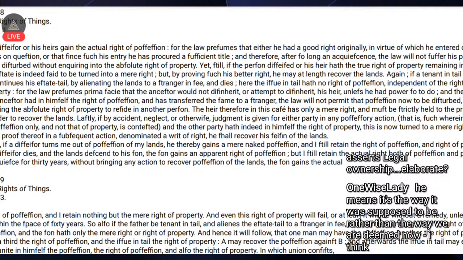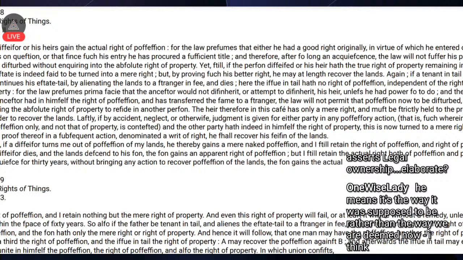And therefore, as the ancestor had in himself the right of possession and has transferred the same to a stranger, the law will not permit that possession now to be disturbed unless by showing the absolute right of property resides in another person. The heir, therefore, in this case, has only a mere right, and must be strictly held to the proof of it in order to recover the lands.